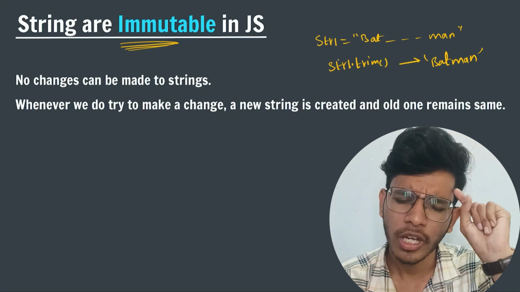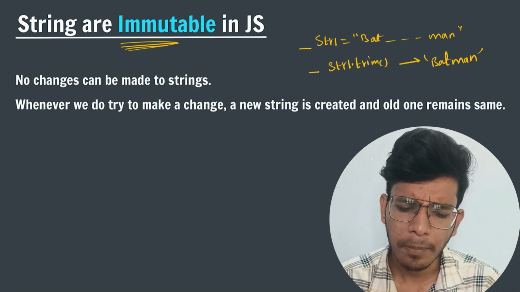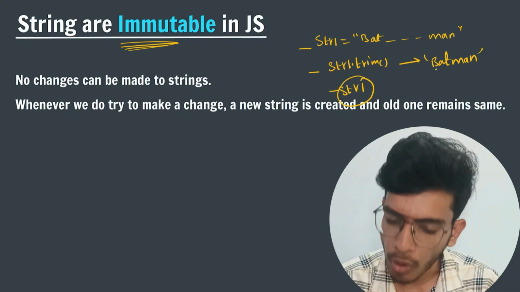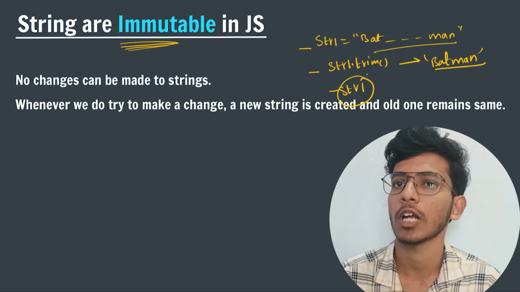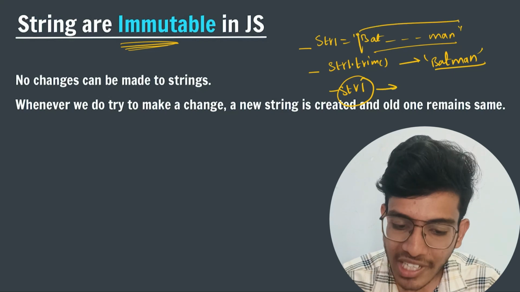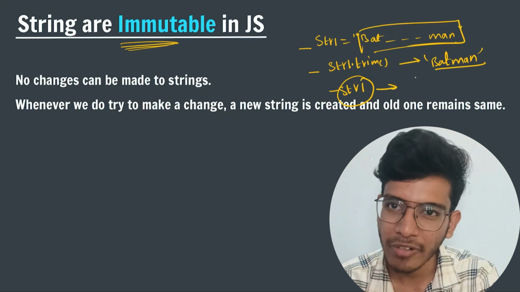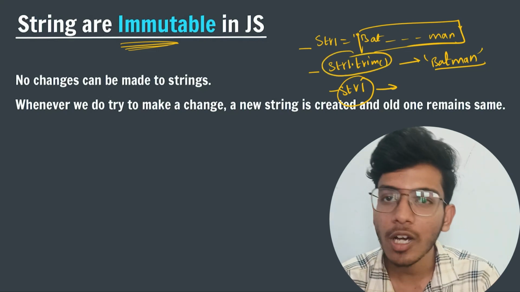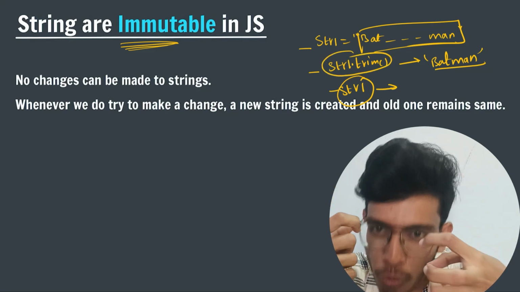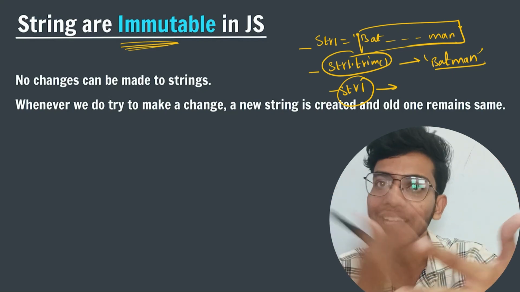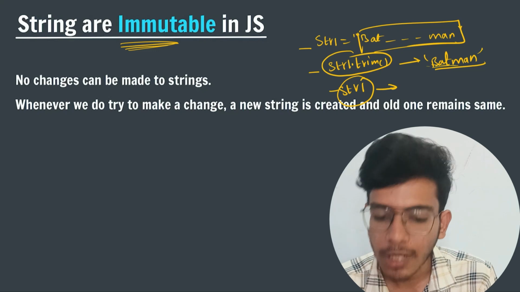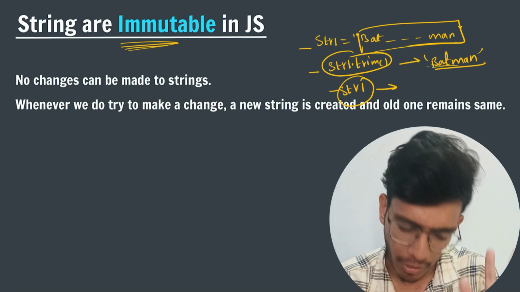But you might ask, okay, if I print str1 now, what output will I get? I will get this output or that output? The answer is you will get this output. The str1 will remain the same, but when you perform str1 dot trim, JavaScript will create a new string and assign the result to that particular new string. I hope you have understood.